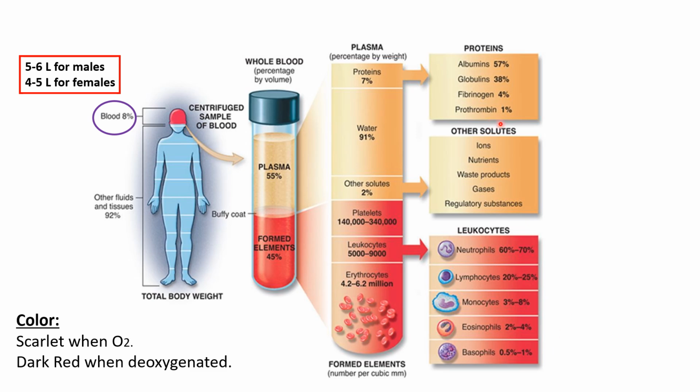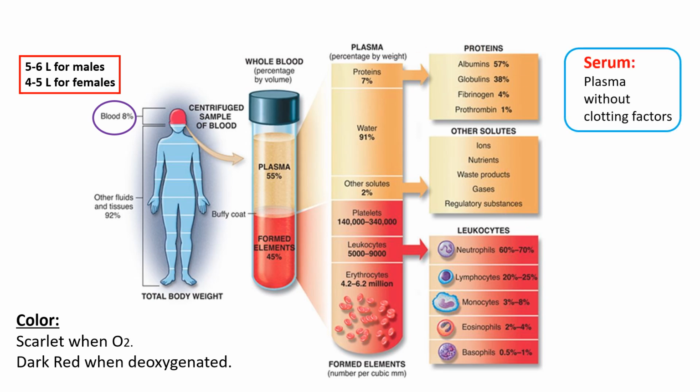We also have proteins that are in the soluble side and other ions and so forth. The fluid part here is what we call serum. All right. You can call it plasma when it has these clotting factors. So serum without the proteins that clot and plasma with the proteins that clot.